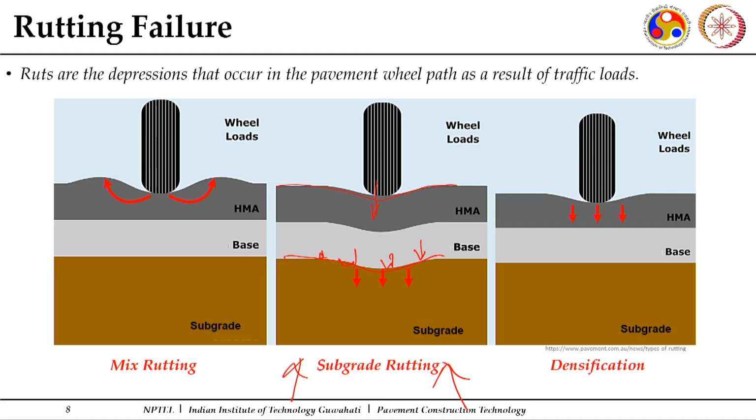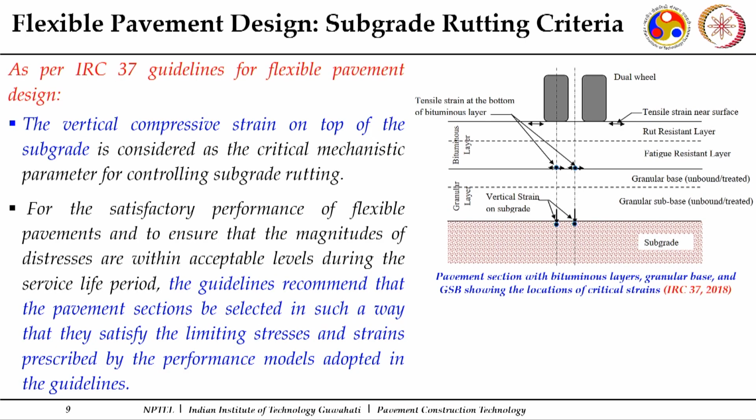It may take some time, but by the time it comes on the top surface, internally a big structural failure has occurred. Now, what do we do? How do we take care of this, especially to ensure that the subgrade doesn't get deformed more when traffic loads are coming over it? IRC 37, the guidelines which we use, gives us measures to control this rutting at the level of the subgrade.